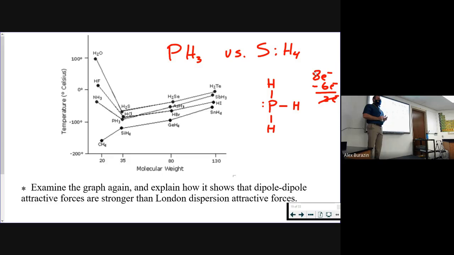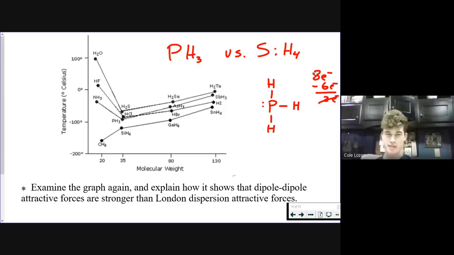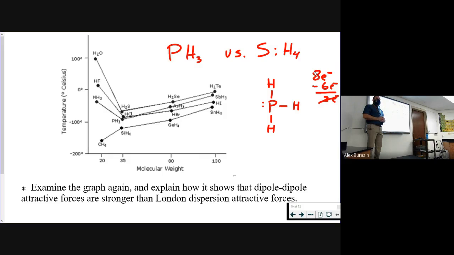What are we left with? What would we describe that shape as? Trigonal pyramid. Correct. This is a trigonal pyramid.